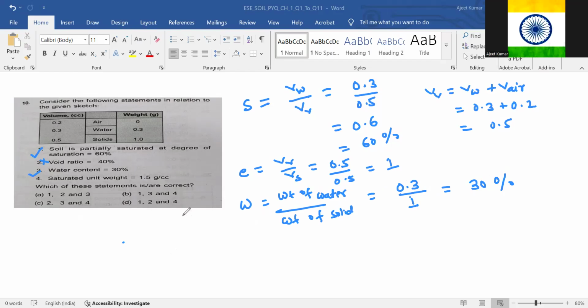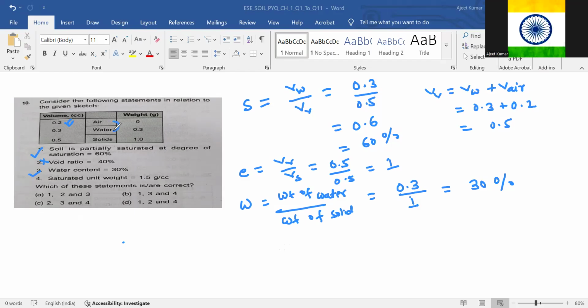Statement 4 is saturated unit weight is equal to 1.5 gram per cc. So saturated unit weight means S is equal to 1. S equal to 1 means the void in which air is present will be taken by water. So 0.2 cc is the volume of air.